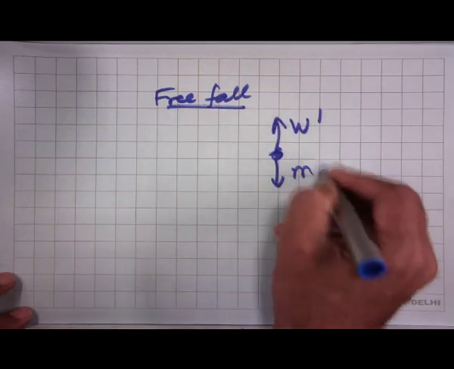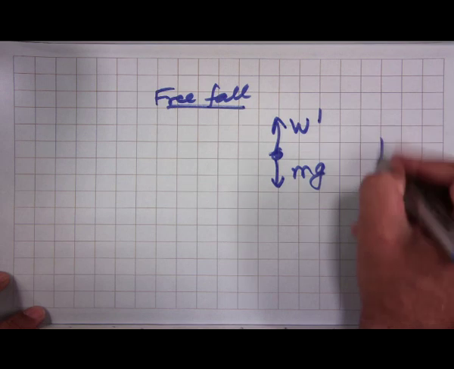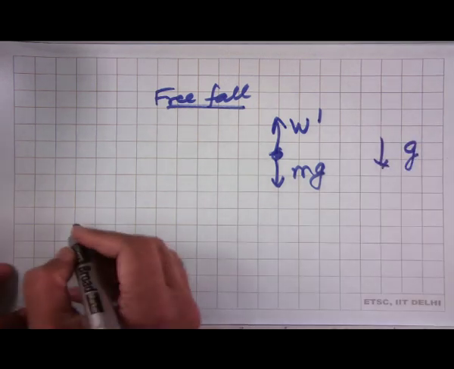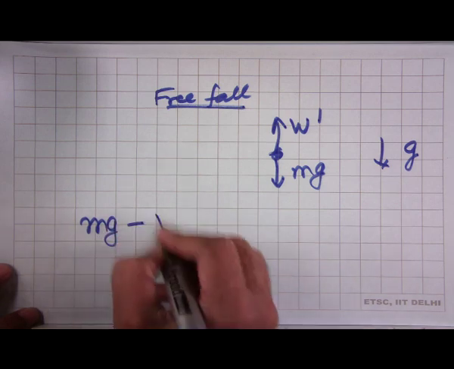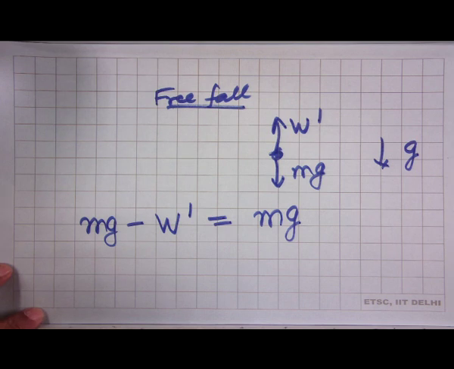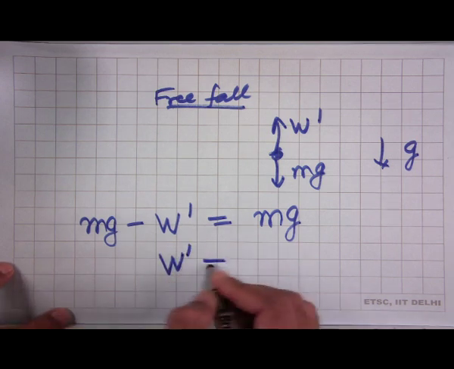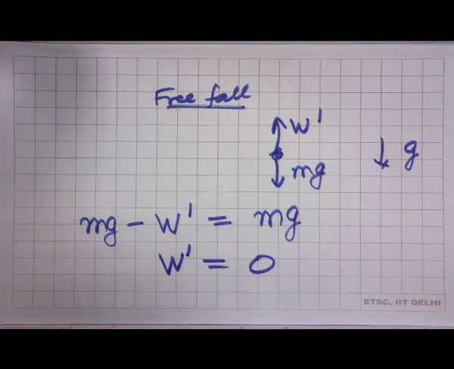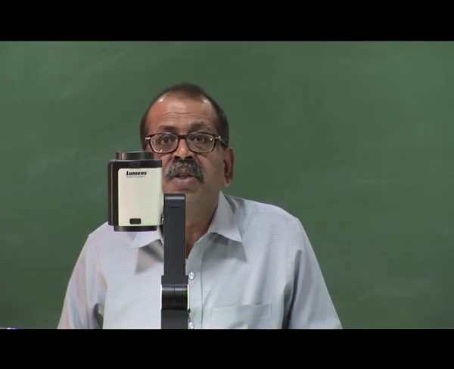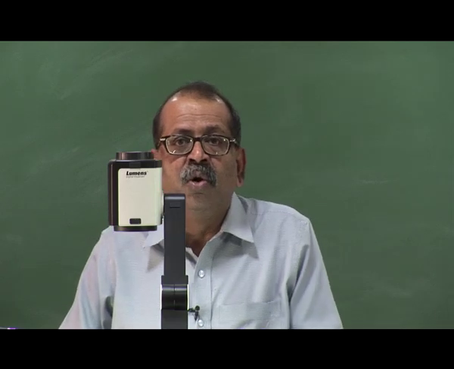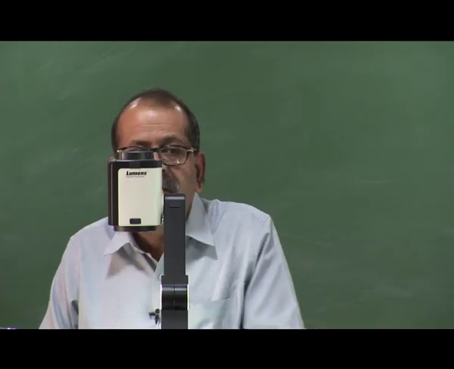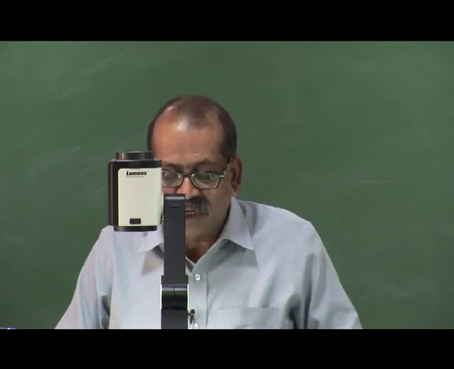This is W prime, this is mg, and the downward acceleration is g. Then mg minus W prime will be equal to m times g, and therefore W prime is equal to 0. So, the weighing scale will give a reading as if the person is weightless. There is no weight for the person if he is falling down freely on an elevator, on a weighing scale.